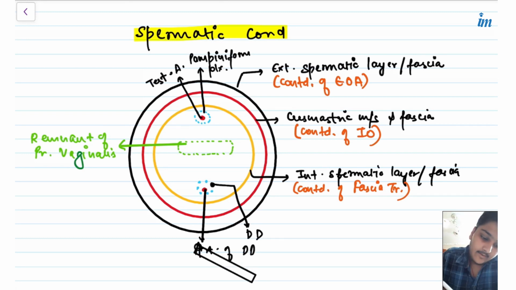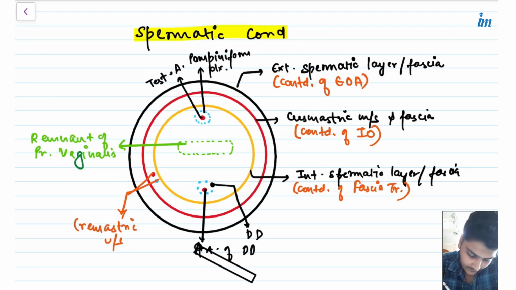What else do we have? Here we have your cremasteric vessels that will supply cremasteric muscles and fascia.